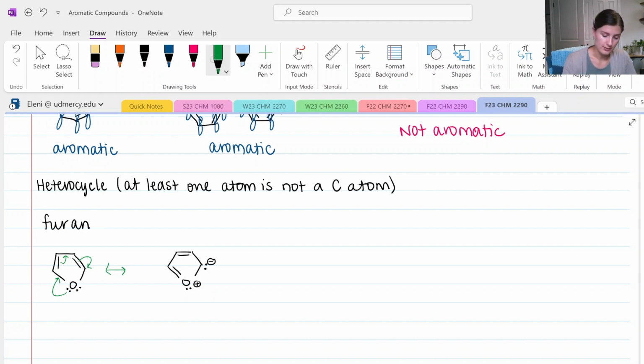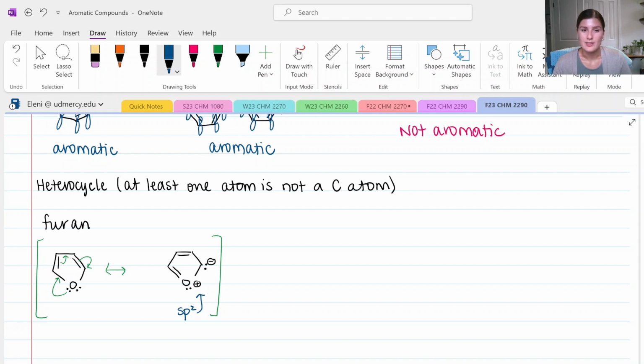This is a valid resonance structure for this molecule. And so now I'll ask, what is the hybridization of oxygen in this second resonance structure? In this resonance structure, it has 3 electron-dense areas. That means this is an sp2 oxygen.